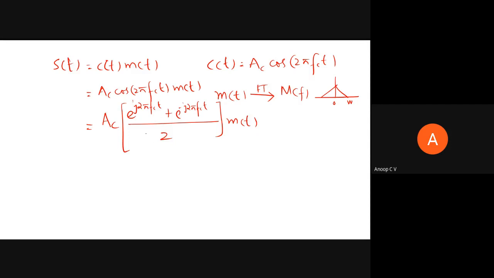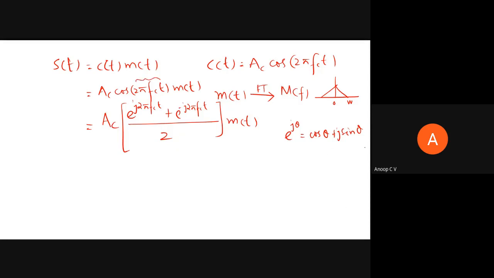How can I write that? Because as per Euler's equation, e power j theta is cos theta plus j sin theta. This theta can be anything inside the bracket, the argument of cosine. This entire thing I consider as theta.